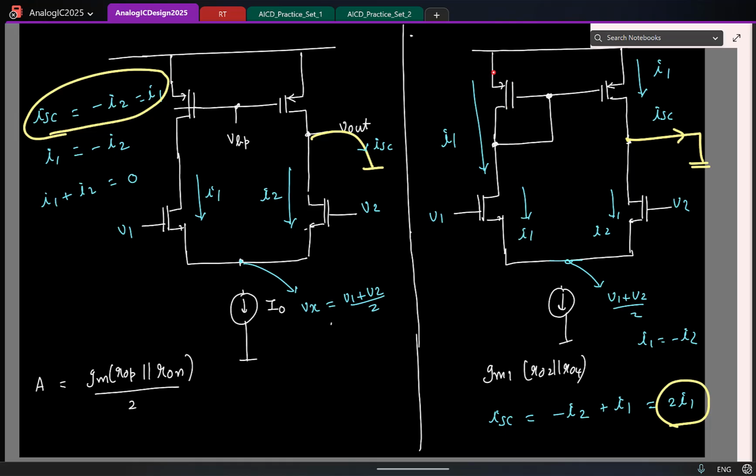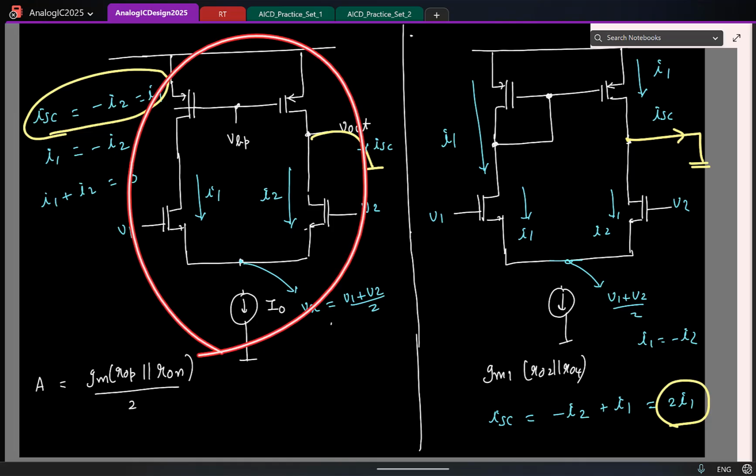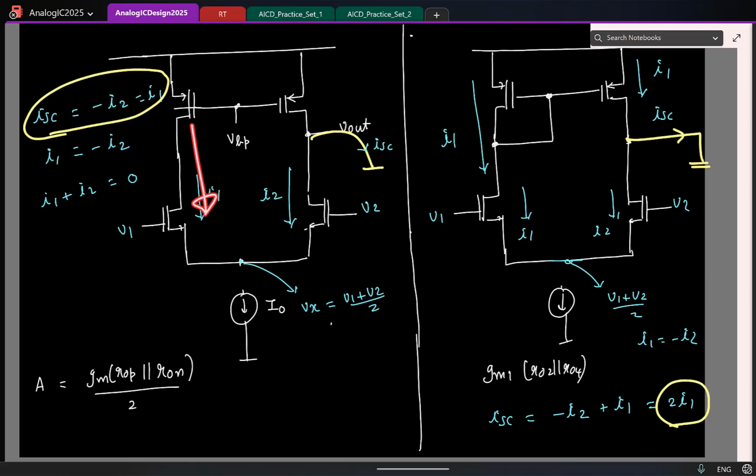In fact, I am copying the current and mirroring it to the output side so that both the currents add up. So that is why you have twice the gain here. That is why this is actually a much better circuit to use than this one, because here you are basically wasting half of the signal current. You're not utilizing the signal current flowing on this side, whereas here you basically are using it.